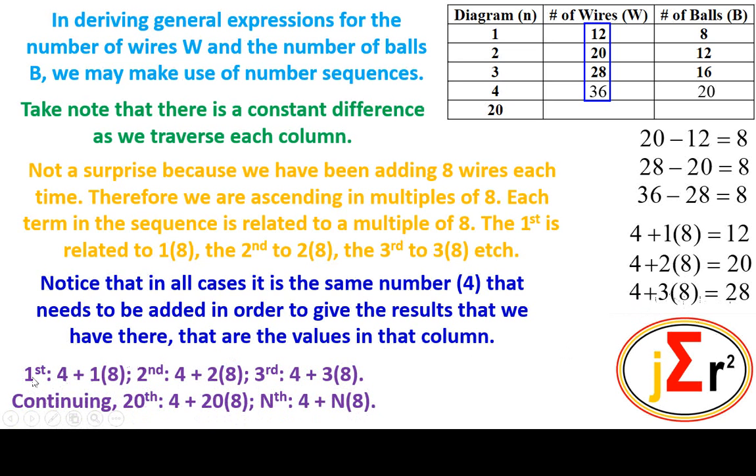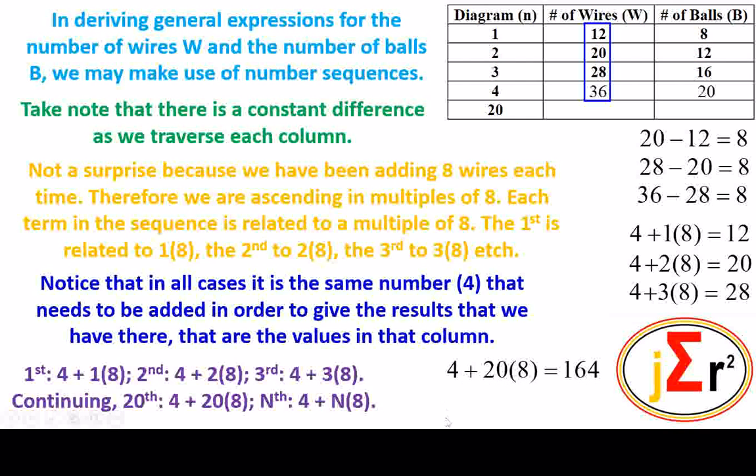Then the first, as you see, is 4 plus 1 times 8. The second is 4 plus 2 times 8. The third is 4 plus 3 times 8. And if we continue, the 20th will be 4 plus 20 times 8, and the nth will therefore be 4 plus n times 8.